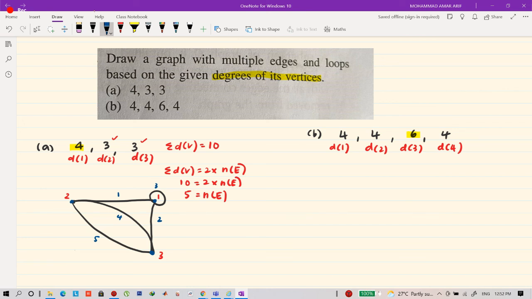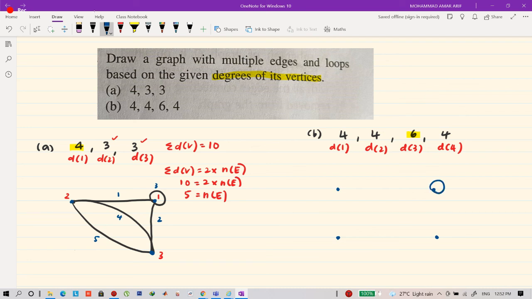1, 2, 3, 4. Okay. So 4 dot. So dekat nombor 6, macam mana kita nak buat bagi dapat nombor 6 tu sebagai kita punya multiple edges? So saya akan buat satu loop dekat sini. Loop mewakili 2.